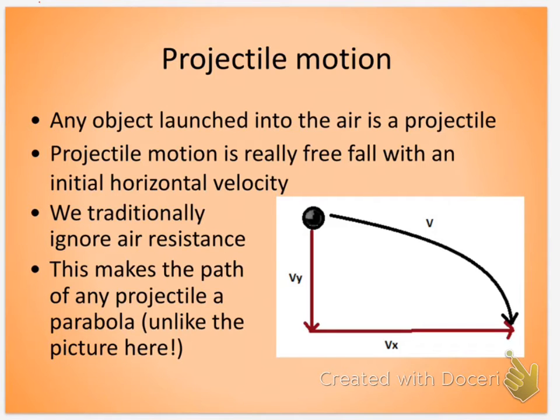So in that drawing, you can see that we have, and we'll just talk about the initial velocity, some VI overall, and that VI can be broken down into VIY and VIX. Note that we make really extensive use of subscripts here.